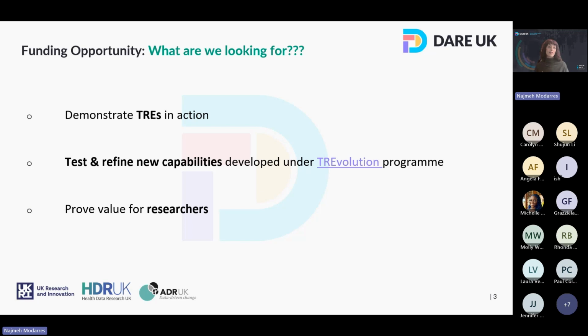This is why it's essential to have a partner with a TRE, one TRE or more. And then the other big point here is that we want to see in the application testing, refining, evaluating capabilities that have been developed under the Trevolution program.